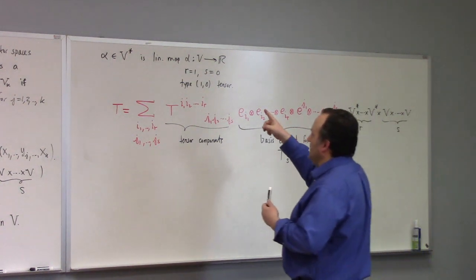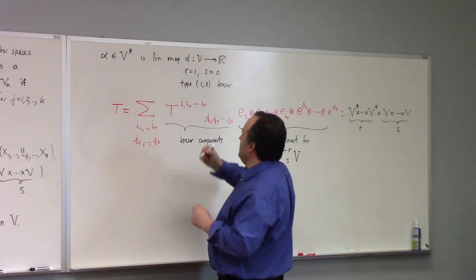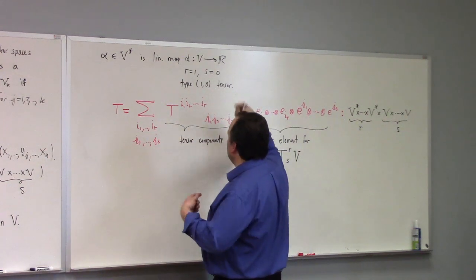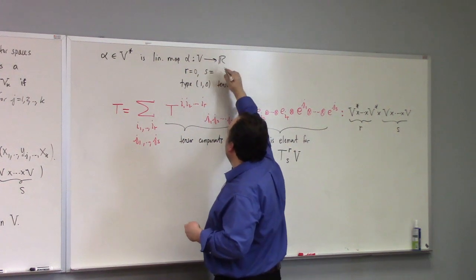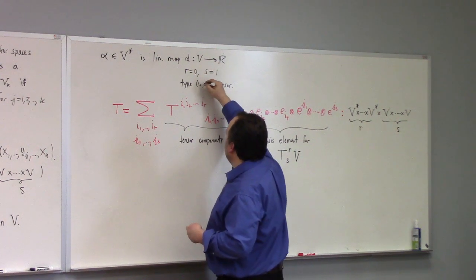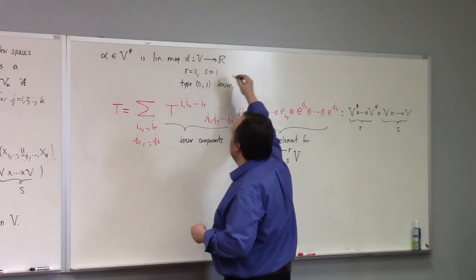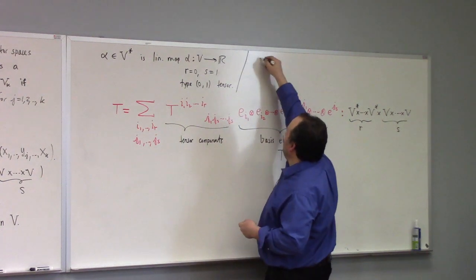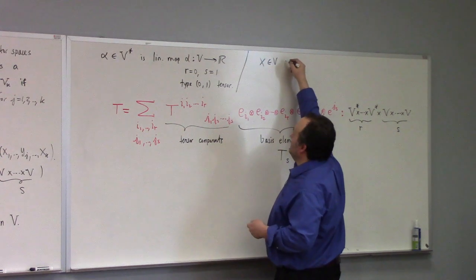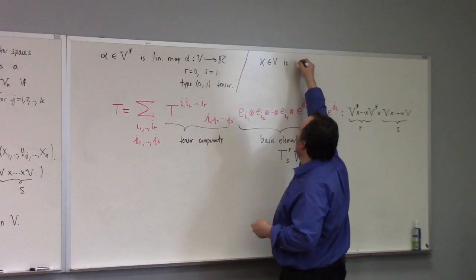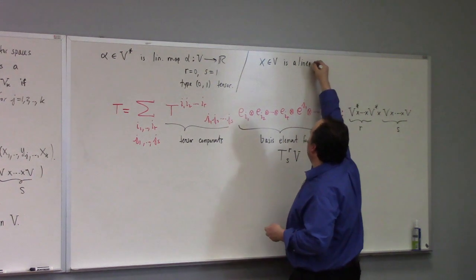So that makes the dual vector not a 1, 0 tensor, but a what? So we have 0, 1 vector and 0, 1 tensor. And conversely, if we had X an element of V, it is, check this out, a linear map.